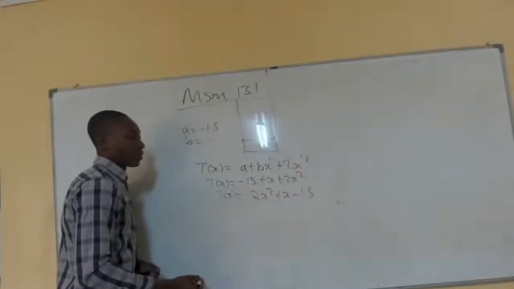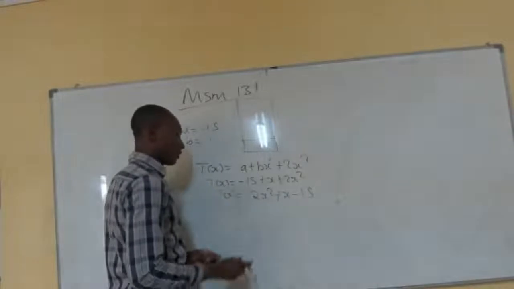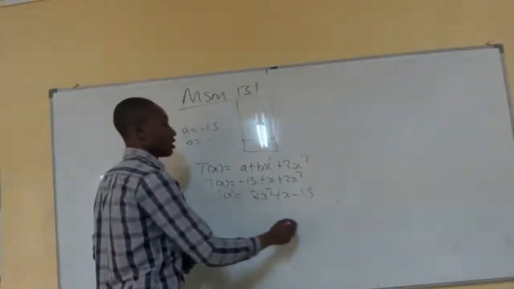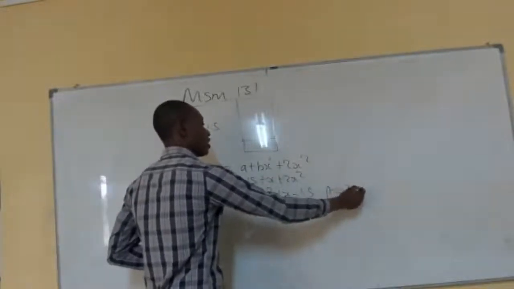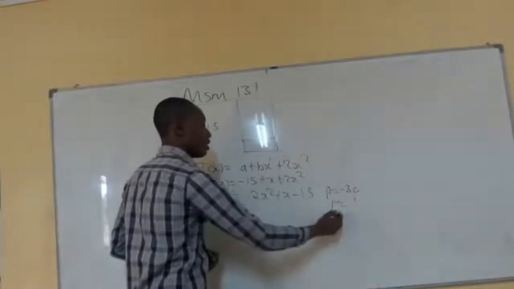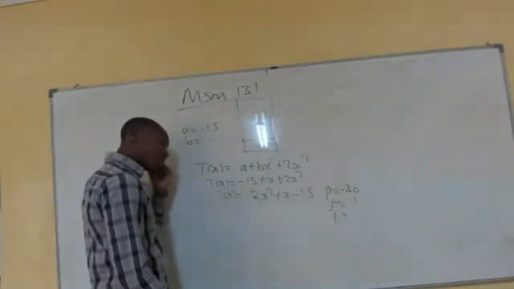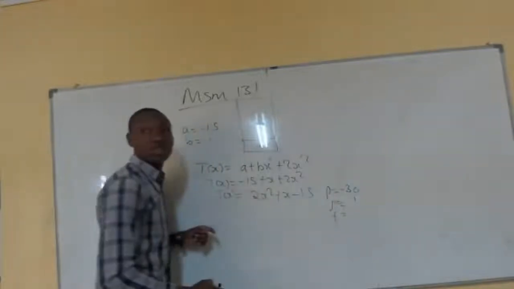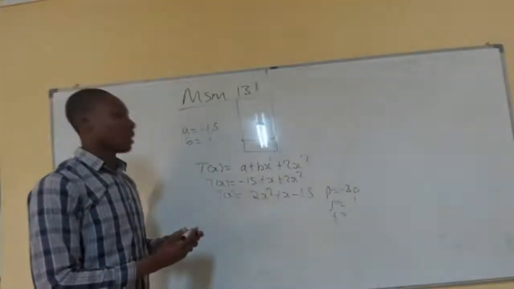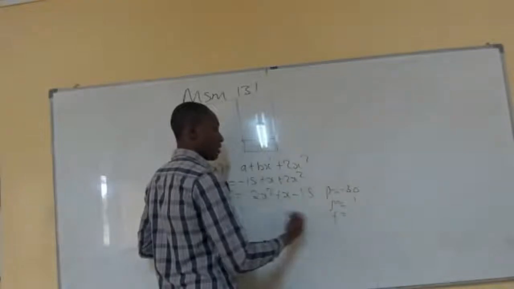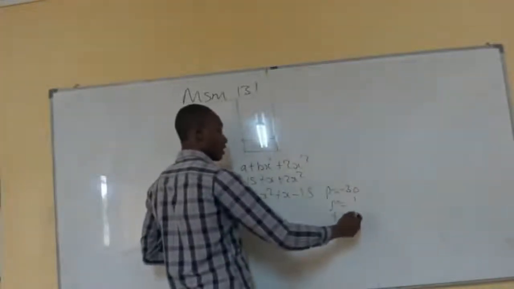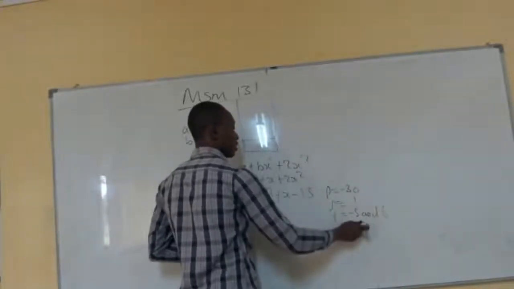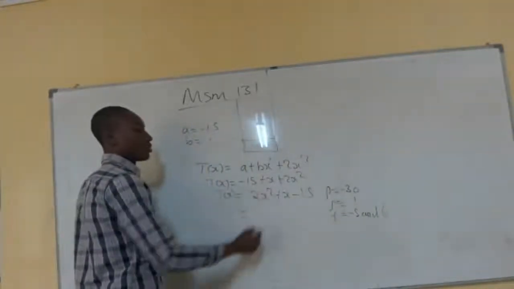So now since we are factorizing, the product is negative 30 and the sum is positive 1. Factors should be 6 and 5. But since the product is negative and the sum is positive, we are going to have one positive and one negative. So we have negative 5 and positive 6, because negative 5 plus 6 is equal to positive 1.